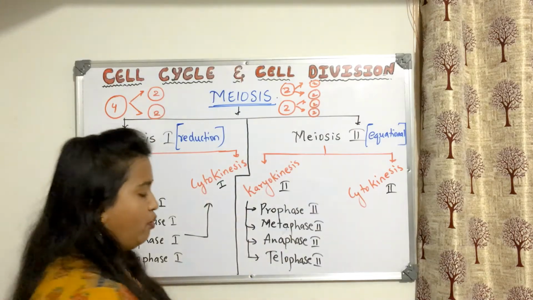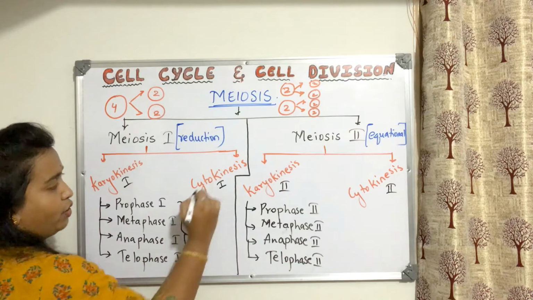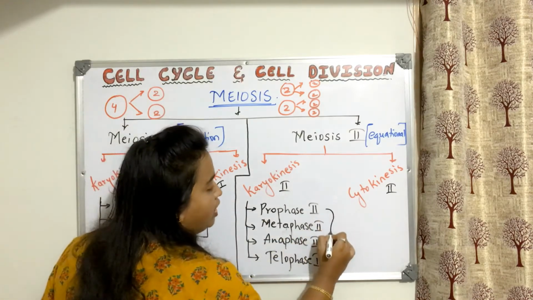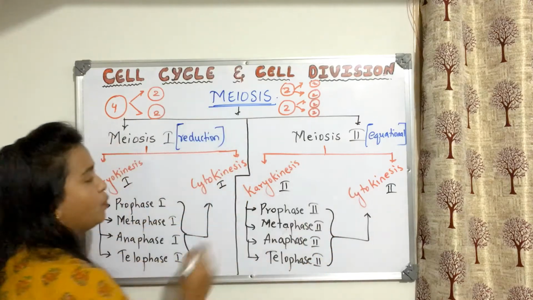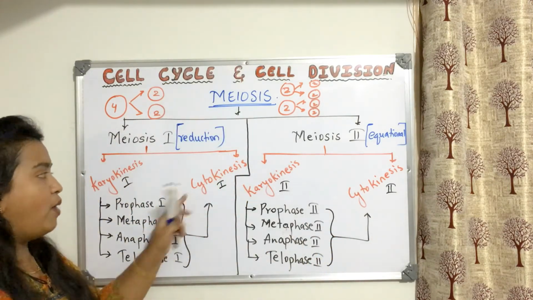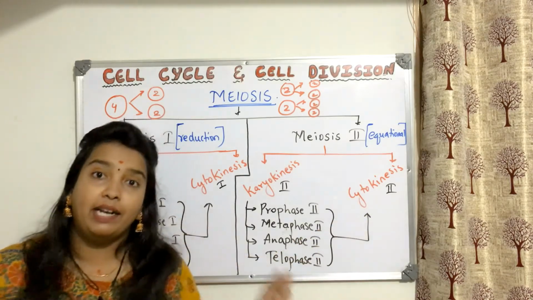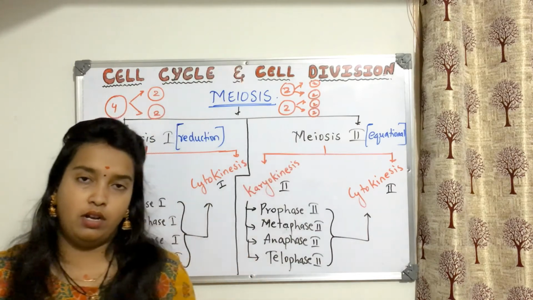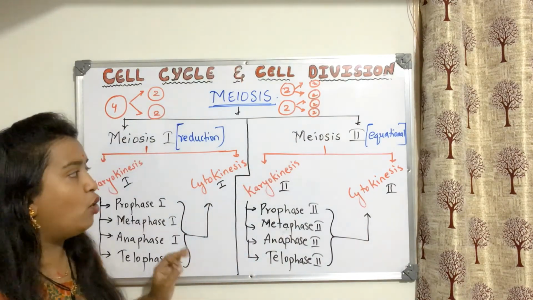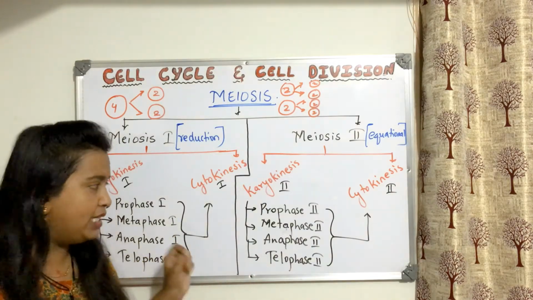After completing these stages, it enters cytokinesis 2. Here it is cytokinesis 1 and here cytokinesis 2. Once cytokinesis 2 is completed, totally 4 cells are formed. Clear? This is the overview of meiosis, and this chart is very important. Please take down this much.